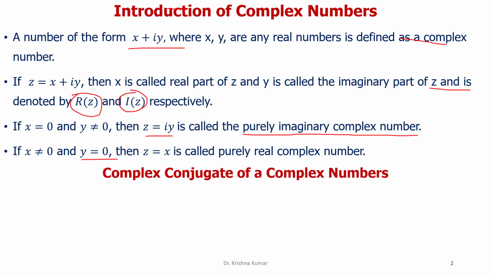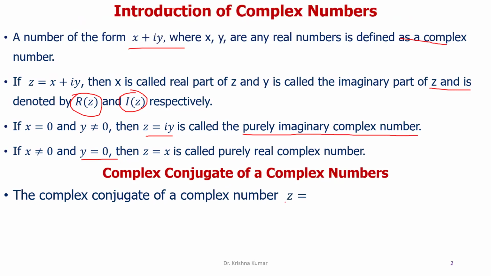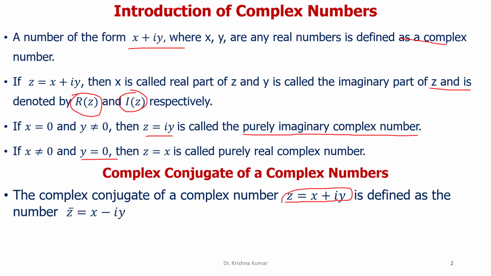Complex conjugate of a complex number. The complex conjugate of a complex number z equal to x plus iy is defined as the number z bar, which is equal to x minus iy. So if you want to find the complex conjugate of any complex number x plus iy, we just replace i by minus i, and we get its complex conjugate.